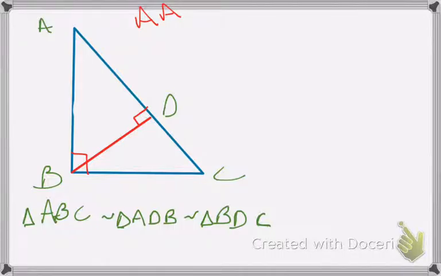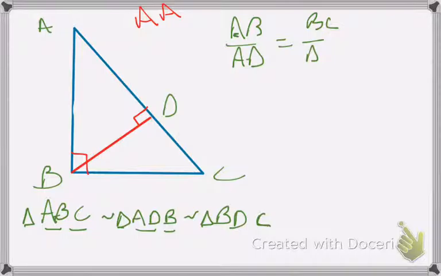The way I'm going to do this, I'm just going to match up from the names, the way I named it. So AB has to correspond with AD. So the ratio of AB to AD has to be equal to, and I can go through all of this, BC to DB, which is equal to AC to AB.